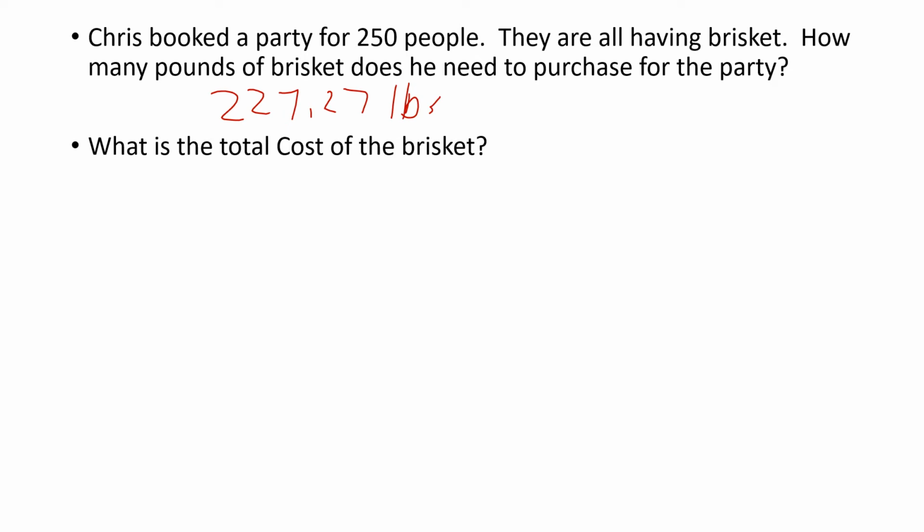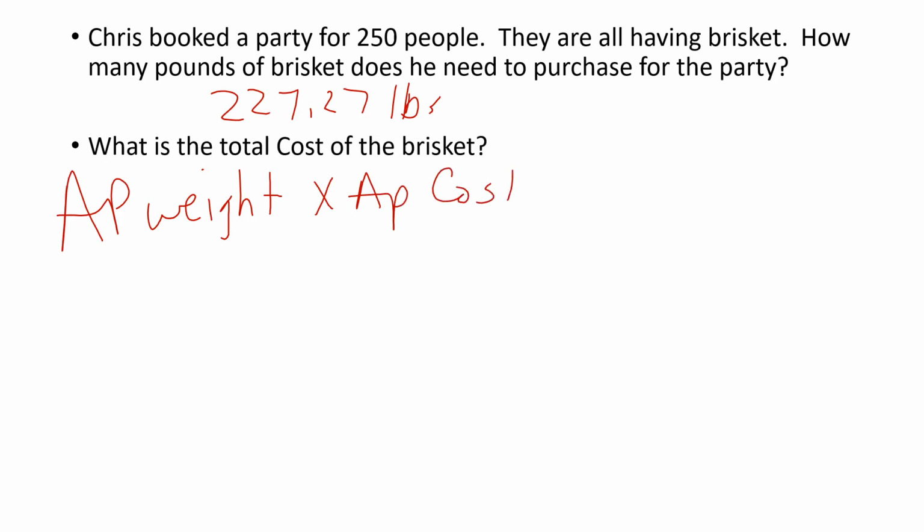In words, no numbers. As purchased weight, times as purchased cost. Simple as that. When you buy brisket at the grocery store, it's the number of pounds times the cost per pound.